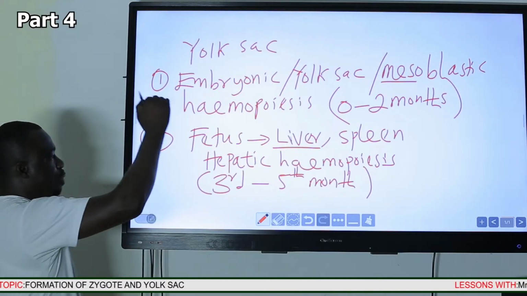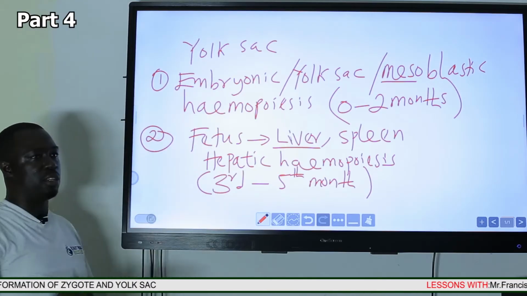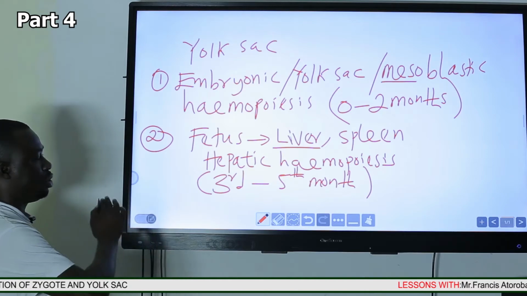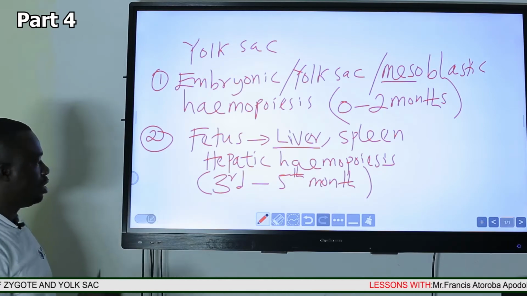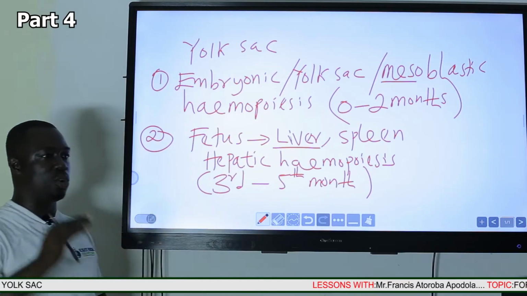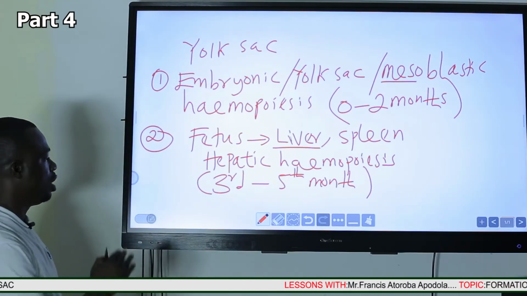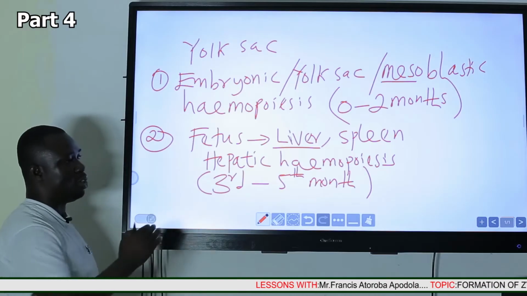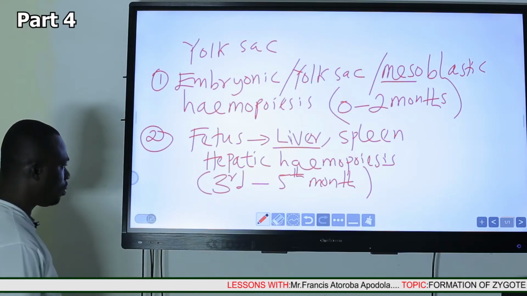So we have spoken about the mesoblastic phase, which occurs within the first 2 months of gestation. We spoke about the fetal hematopoiesis or the hepatic hematopoiesis, which occurs within the 3rd to the 5th month of gestation.